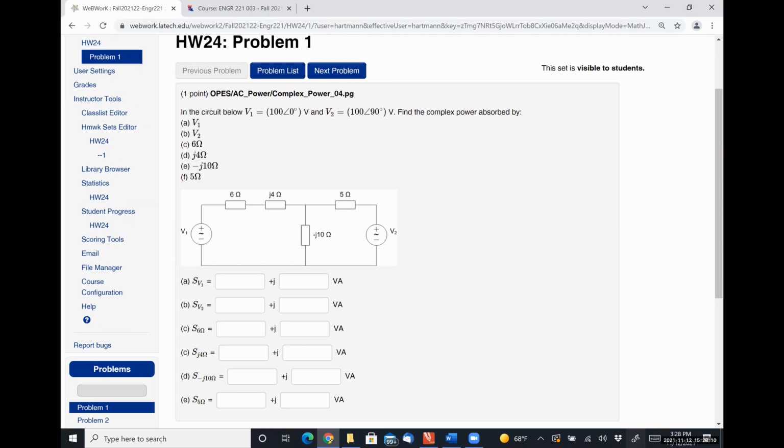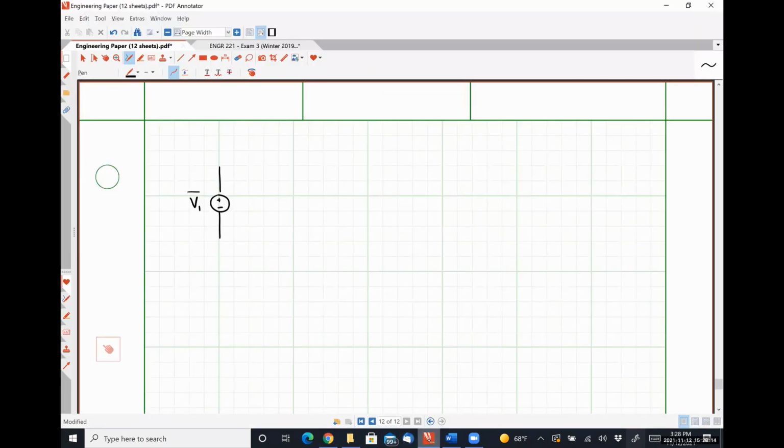So I'm going to fix that by calling this voltage V1 over the square root of 2, which will be V1 as an RMS phasor.